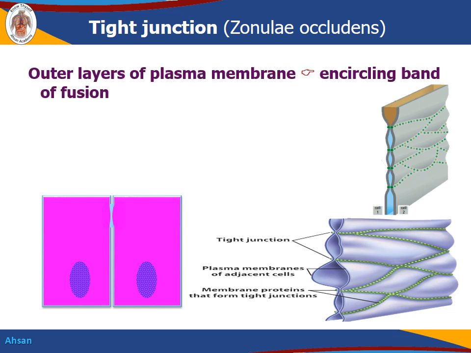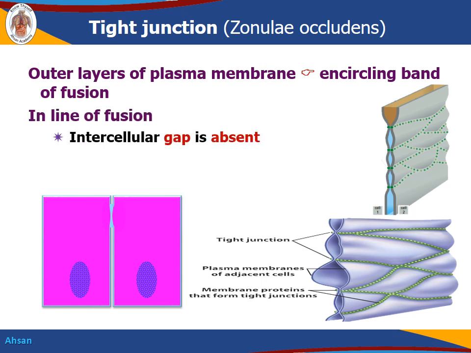This contact area encircles the total cell apex, and the outer membranes are fused together to make one. In this line of fusion, the intercellular gap is absent, and there are anastomotic lines of fusion.